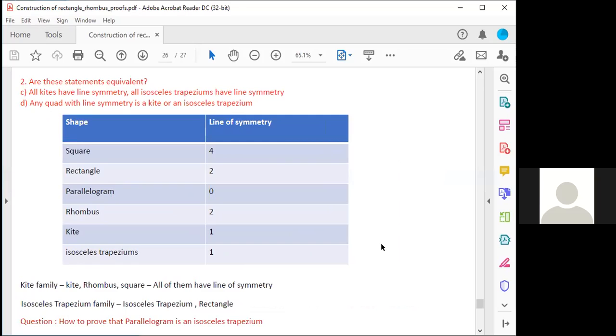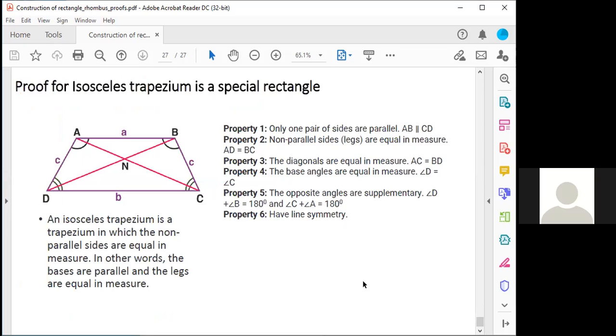But I just want to get started. Now, when it comes to line of symmetry, this is perfectly fine. Kite, rhombus, square, all of them have line of symmetry. Now there is something here: is an isosceles trapezium a special rectangle?